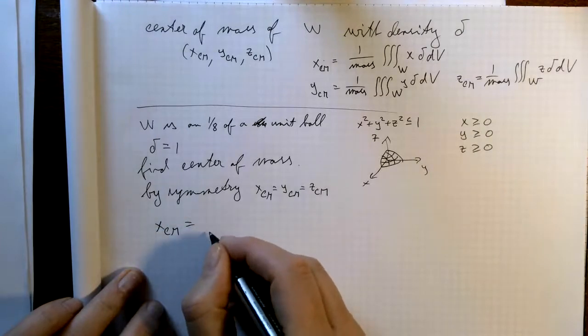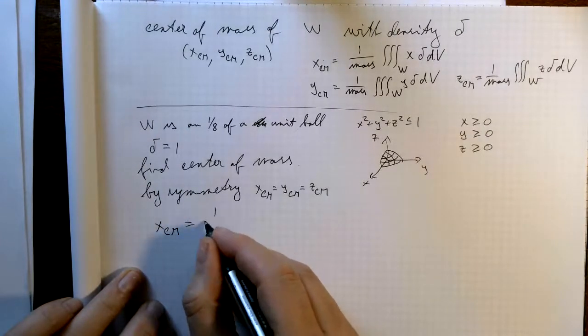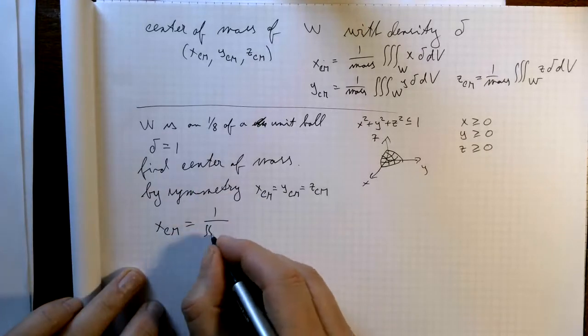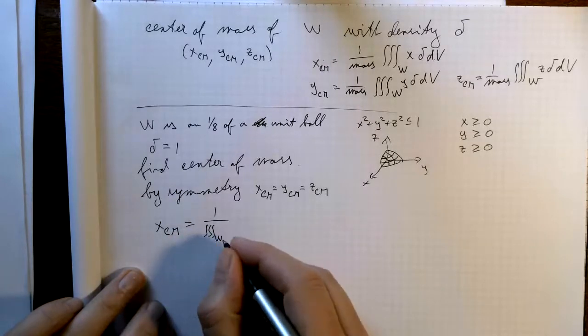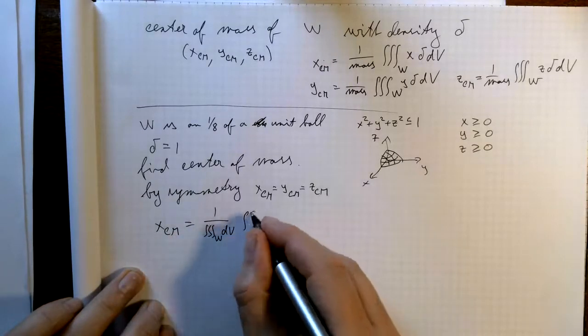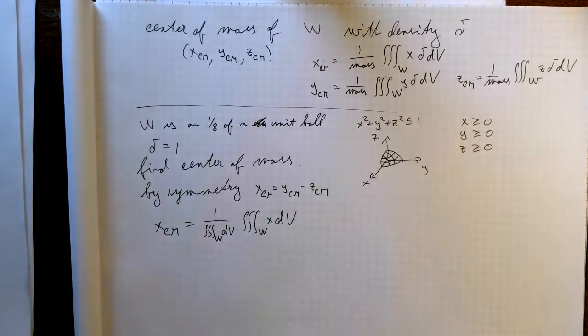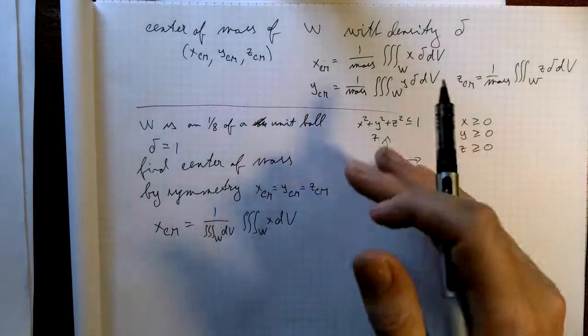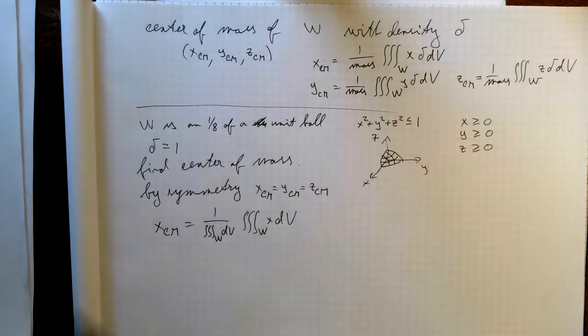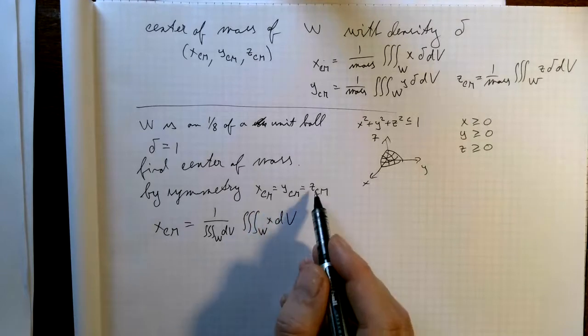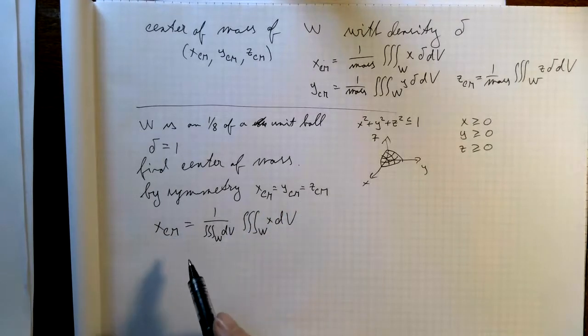Well, it's 1 over the mass, and here the mass is really just the volume, times the integral of x dV. Again, it doesn't really matter how I cut this up, how I integrate, and how I rename my variables. So this should be the same as y_cm and z_cm. So if I compute just one of them, I'm good.